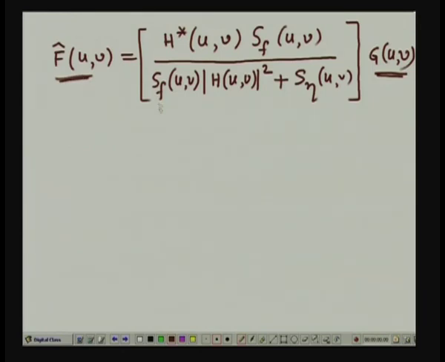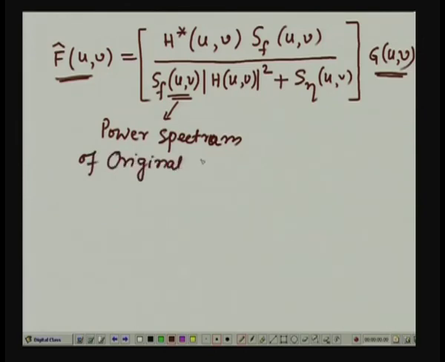In this case, S_f(u,v) is the power spectrum of the original, undegraded image, and S_eta(u,v) is the noise power spectrum.